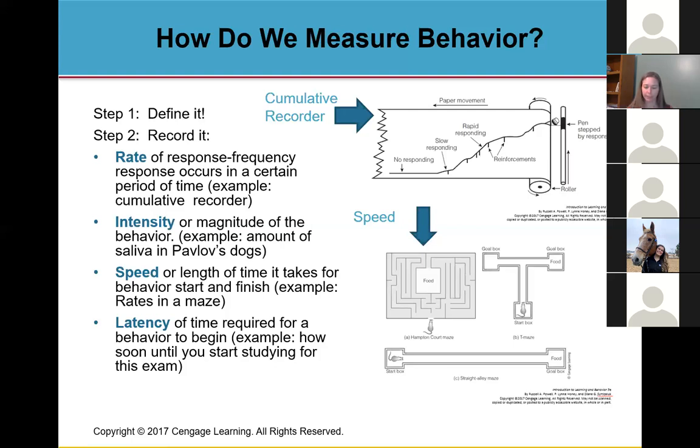So these three, the duration, speed, and latency, are often confused with one another. Make sure that you spend a little time just trying to get those sorted out in your head. Duration is going to be that total length of time, whereas speed is how quickly something happens from start to finish. And then latency is the amount of time it takes before that behavior is displayed.